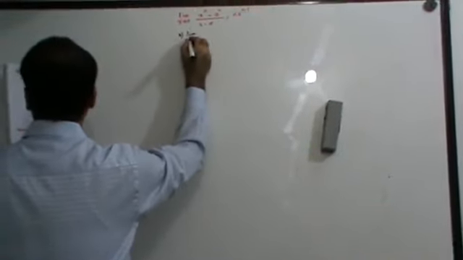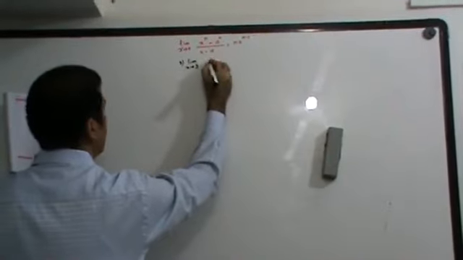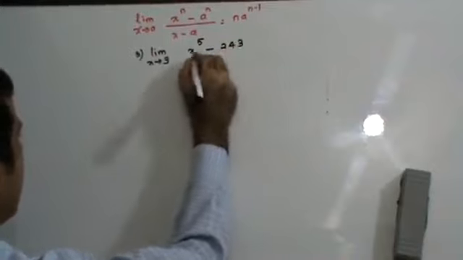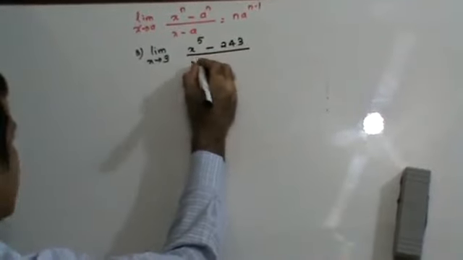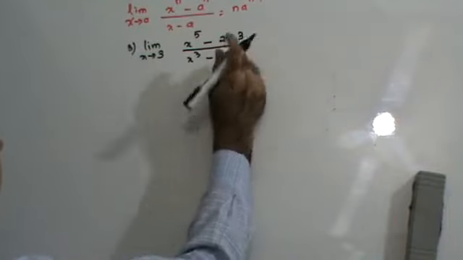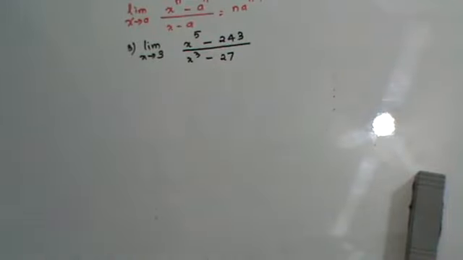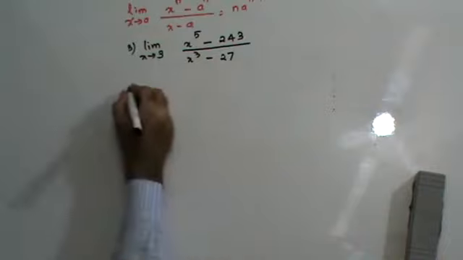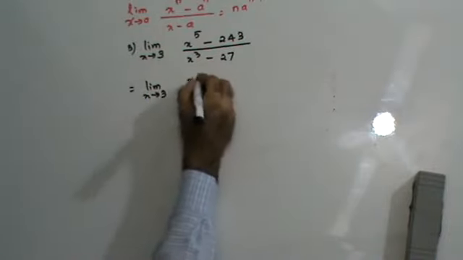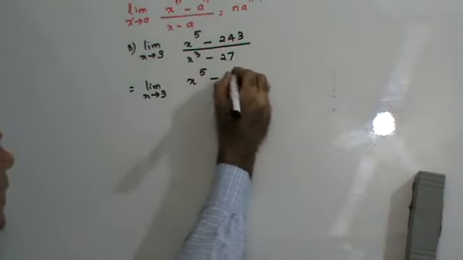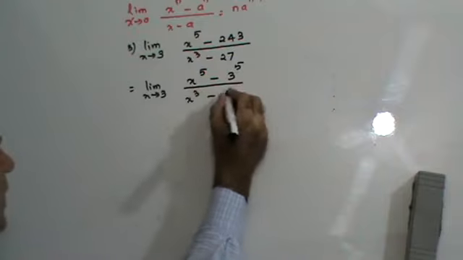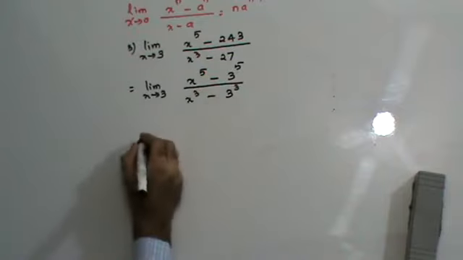Limit of x tends to 3, x raised to 5 minus 243 upon x cube minus 27. Now, this can be written as limit of x tends to 3, x raised to 5 minus 3 raised to 5, since 243 can be written as 3 raised to 5, and x cube minus 27 can be written as x cube minus 3 cube.